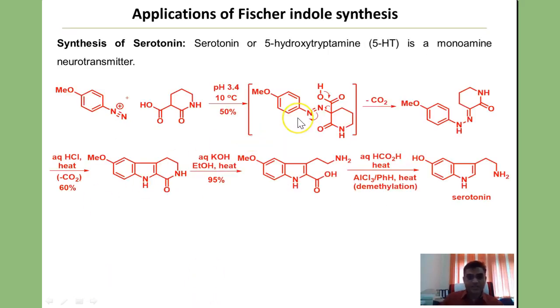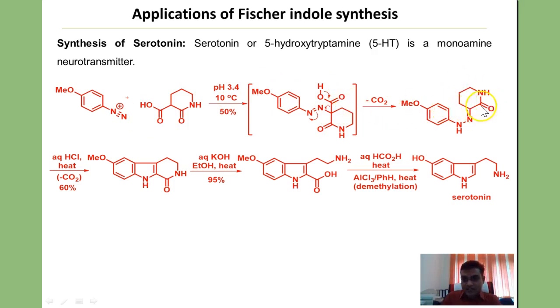Now the last application of Fischer indole synthesis is, to some extent, a Jap-Klingemann modification. This is a diazonium salt. Sorry, this is treated with this keto compound, a carbonyl compound. Then it undergoes diazonium coupling under basic conditions.